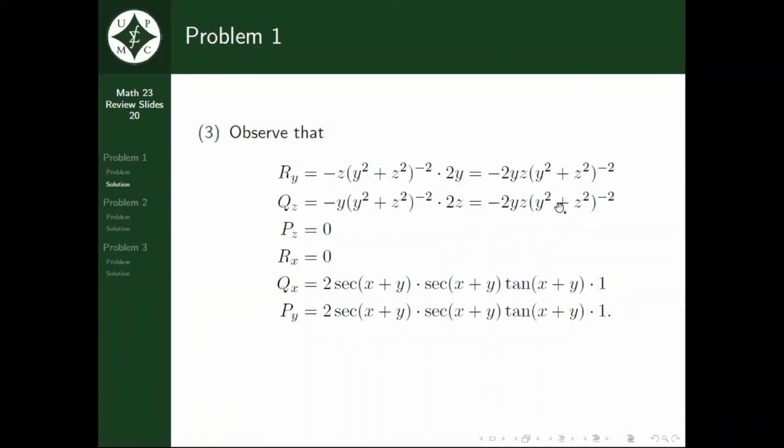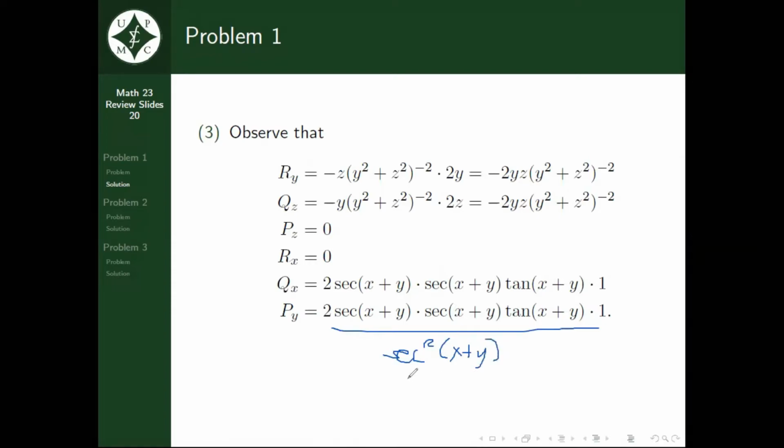Okay. So, remember the derivative of secant squared of x plus y.